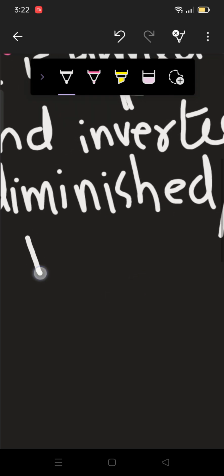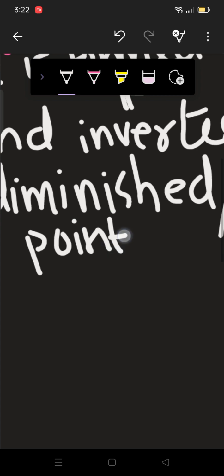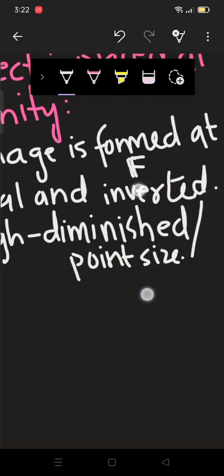So the size of this image would be highly diminished, which means very small, also known as point size. So here we have talked about the first condition: when the object is placed at infinity, the image will be formed at f, and that image would be real and inverted, and highly diminished, also known as point size.